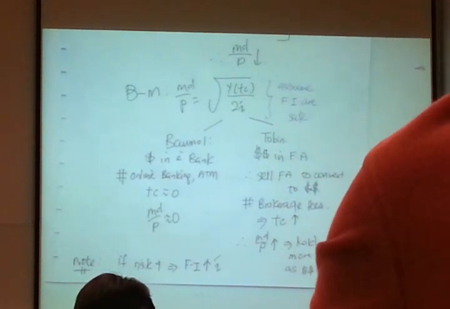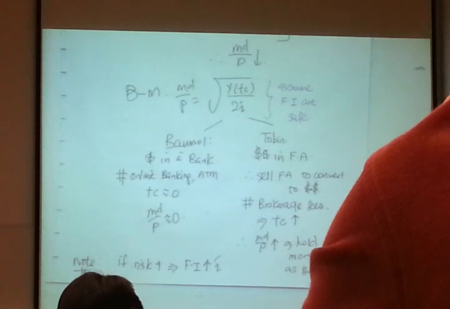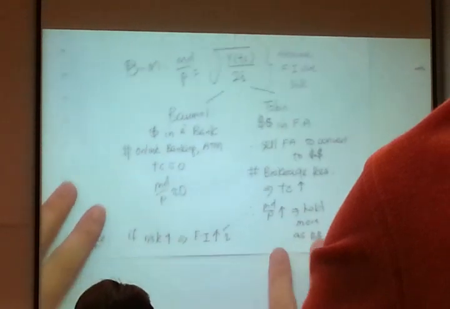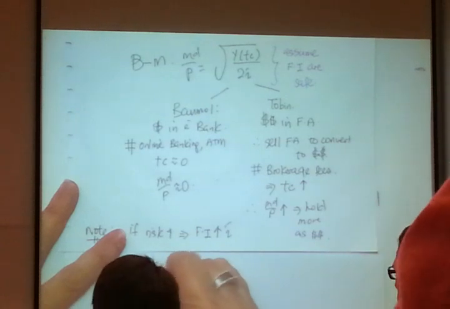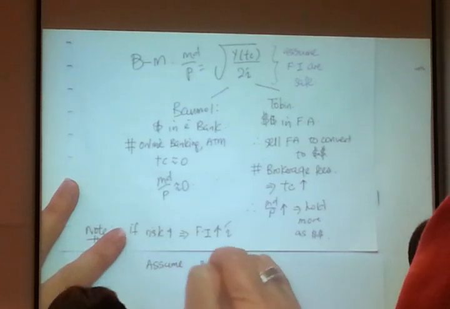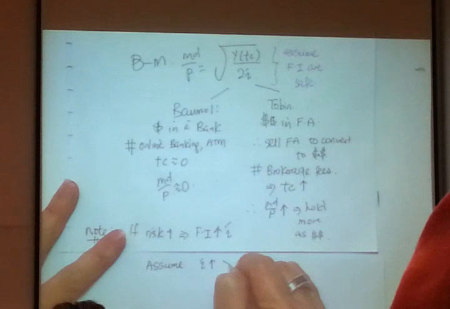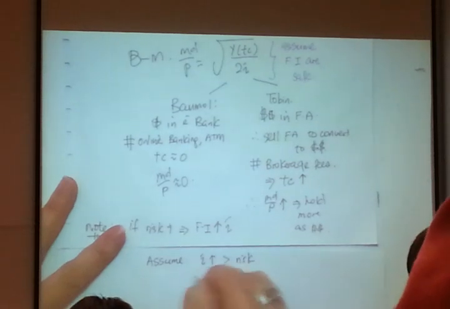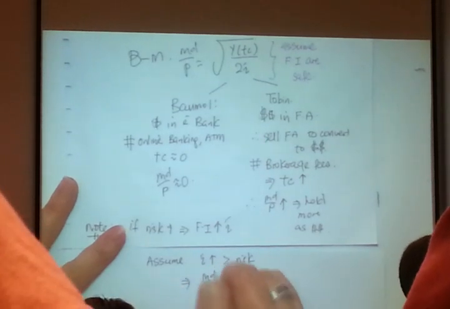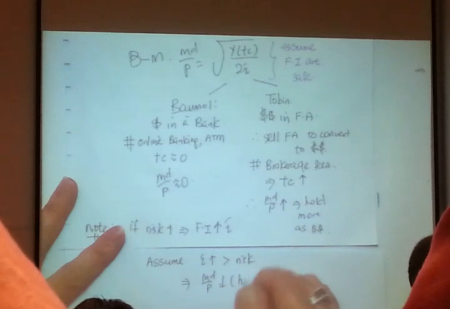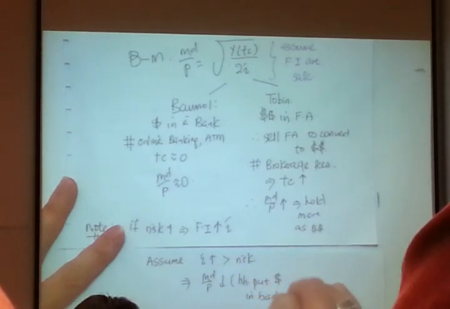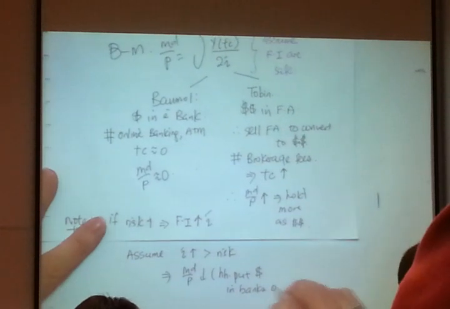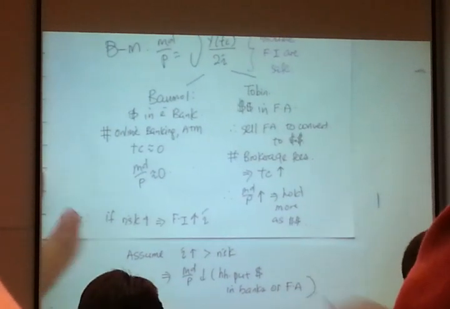So if financial institution risk goes up, financial institutions will offer better interest rate. But we must assume that the interest rate they offer us can exceed the risk. Then money demand will go down. It means households will put money in the banks, or financial assets.